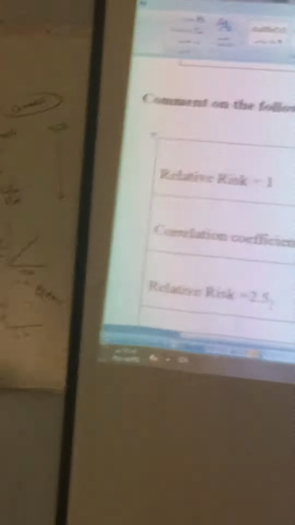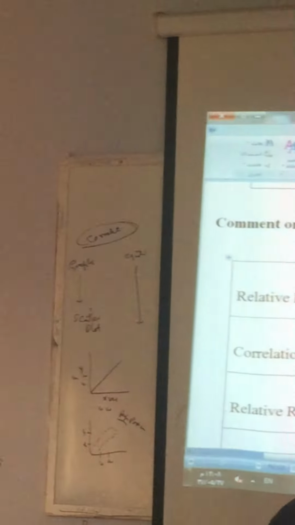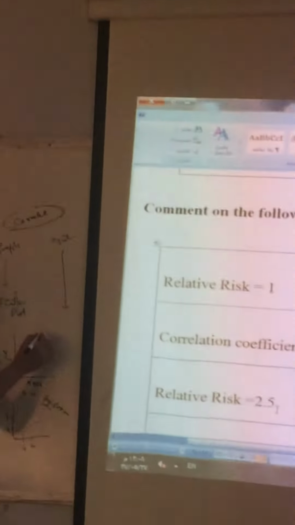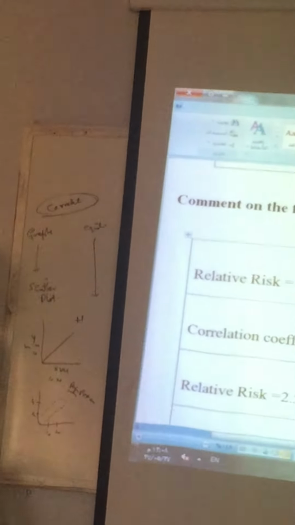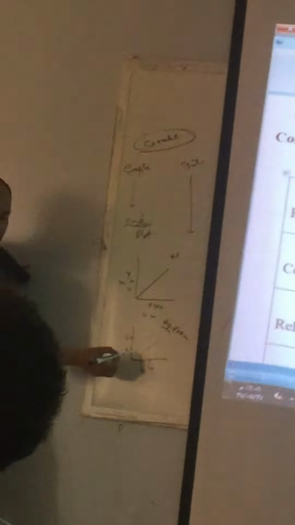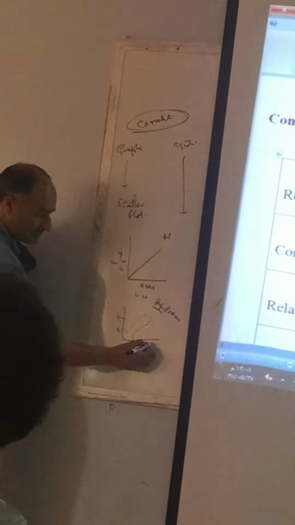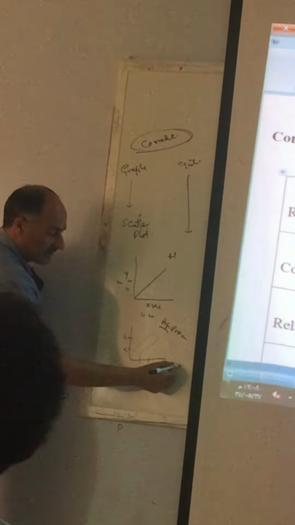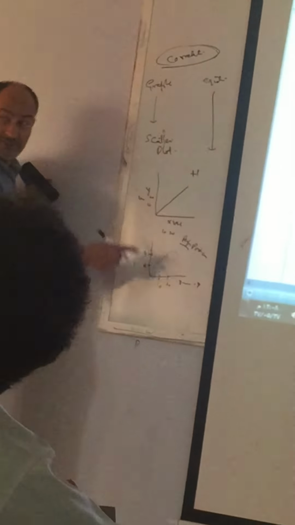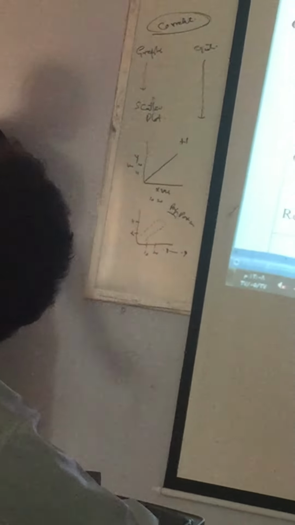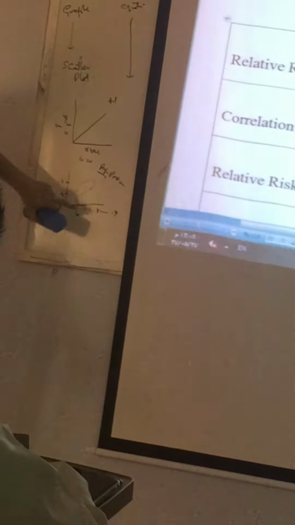Now, there are other things which can happen. So this is perfect positive correlation. The value is +1. If the value is not +1, it is somewhere between maybe 0.1 to 0.9, but it's not exactly 1. If it's 1, you will get this one, but if it's not, it may be here somewhere.